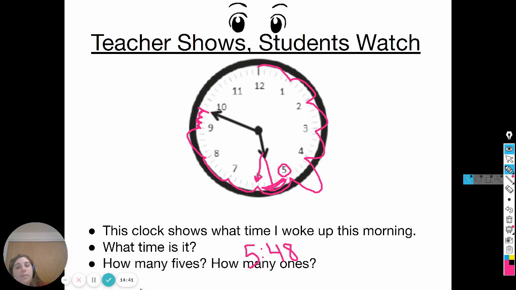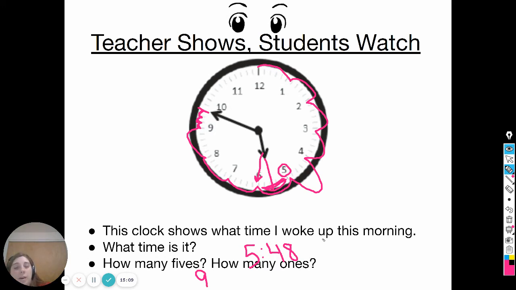Okay. How many 5s did we count? 1, 2, 3, 4, 5, 6, 7, 8, 9. So we counted by 5s 9 times, which makes sense because 9 times 5 equals 45, right? 9 fingers, count by 5s. 5, 10, 15, 20, 25, 30, 35, 40, 45.